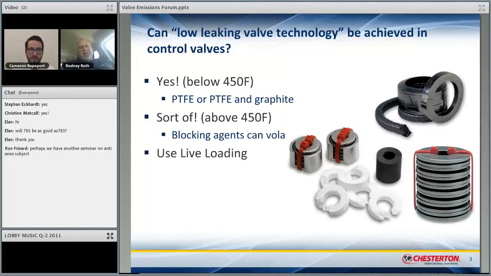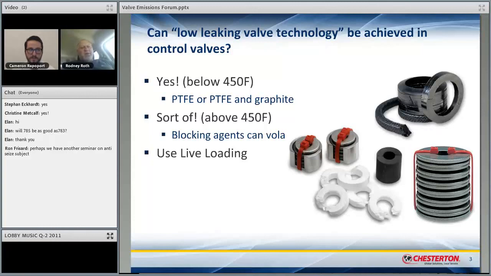The second part of that is that if you talk to the end users, 99% of all of the processes that are quote-unquote fugitive emission processes have a maximum temperature somewhere at 650 or below, and most of them are below 500.